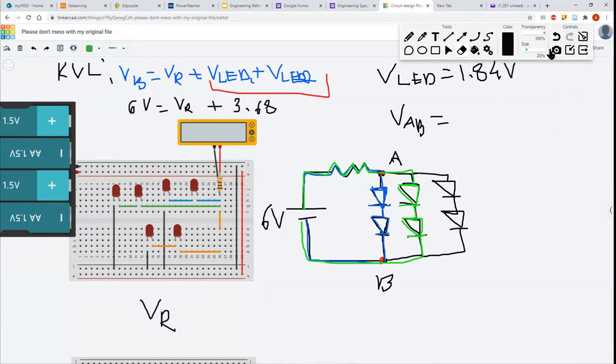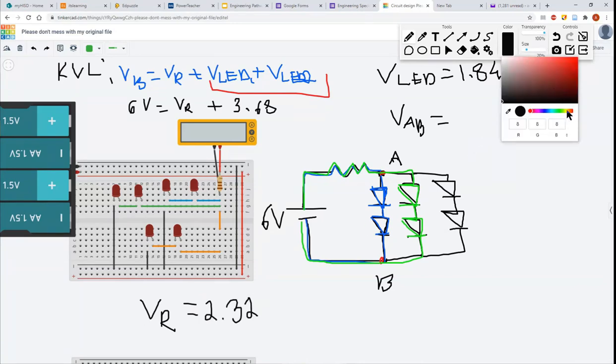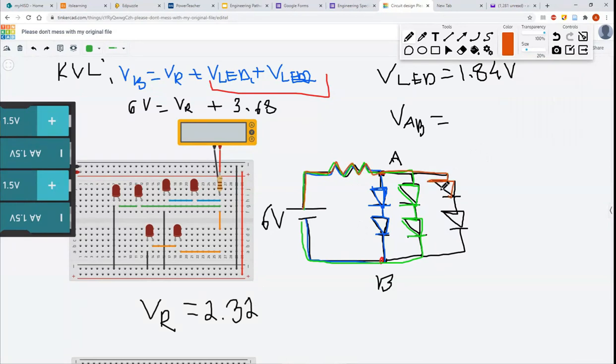So the next step that we are going to do is figure out what our current is going to be. The way we figure out our current is very, very simple. We just say what it's going to be. Why can we do that? Because we are the engineers. We are the ones making all the decisions about this circuit.